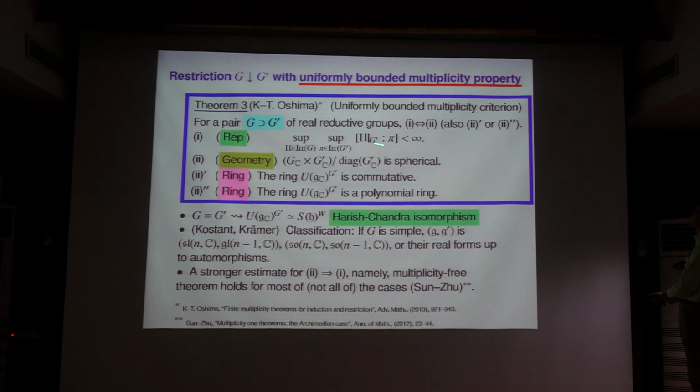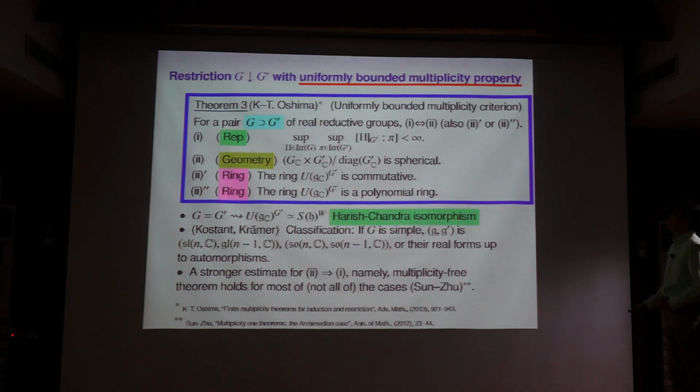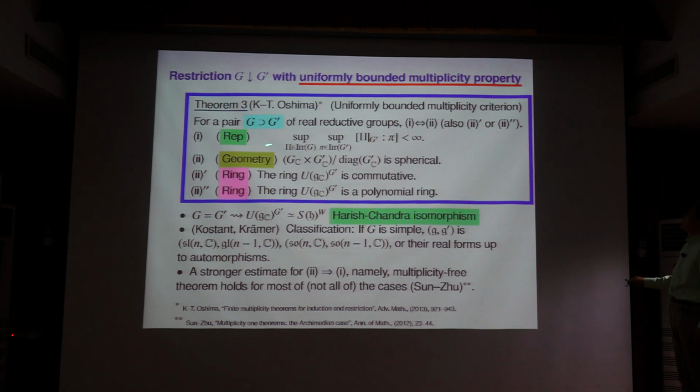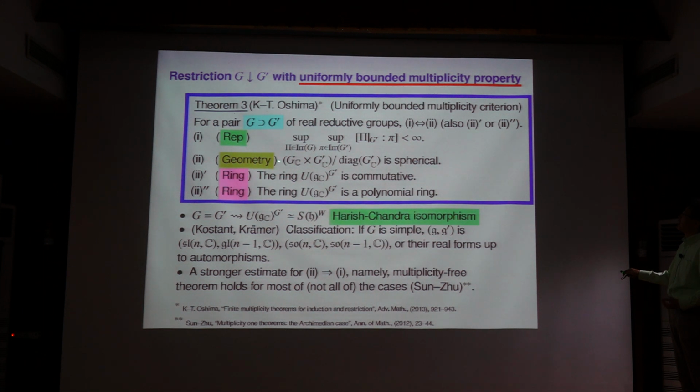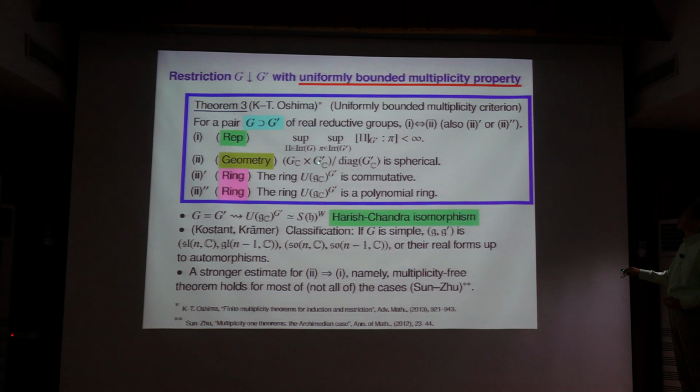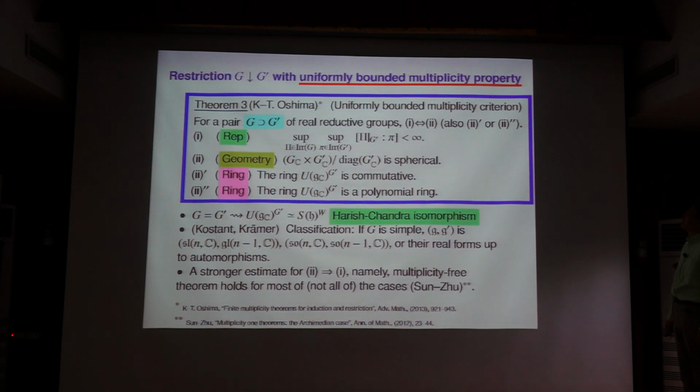The uniformly bounded multiplicity condition is equivalent to this homogeneous space being spherical. Namely, as a manifold, this is the group manifold GC itself, but with the action of the direct product group GC times GC prime, so GC acts from the left and GC prime acts from the right. So these two conditions are equivalent.